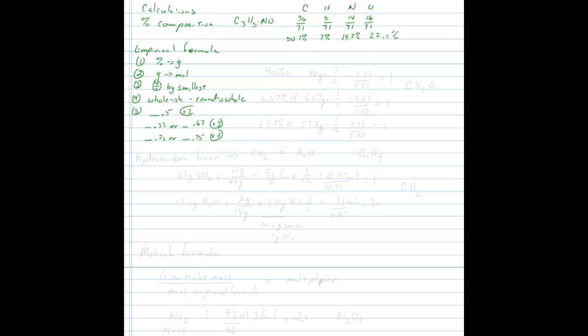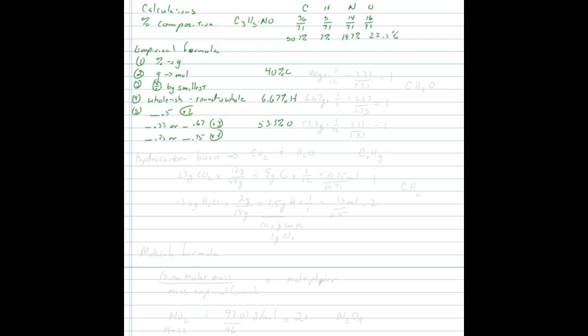So, for the example on this, if you have a compound that is 40% carbon, 6.67% hydrogen, 53.3% oxygen. Well, the first step is you have to move those to grams, which is a very easy thing.